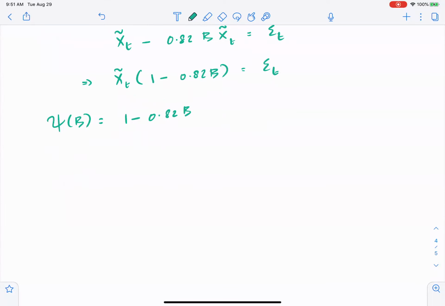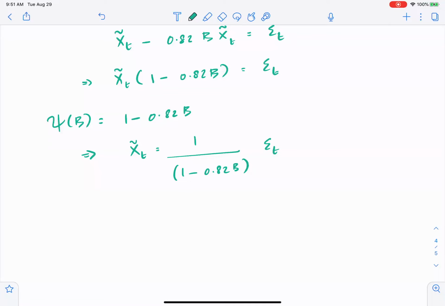Divide by psi of B on both sides. x_t tilde equals 1 over 1 minus 0.82B times epsilon t. What is psi raised -1 of B? I'm trying to avoid saying psi inverse because there are math majors here.